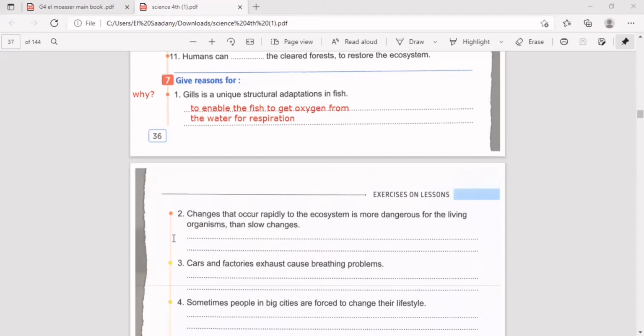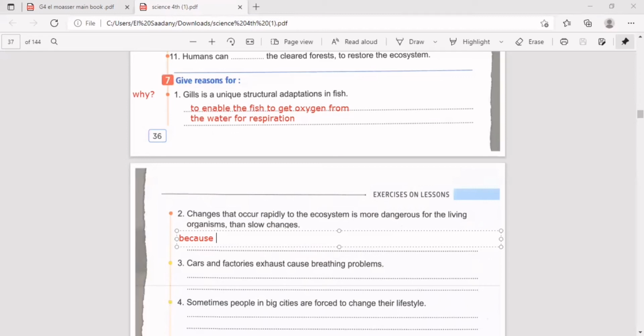We answered this question actually in the session, but this answer will start with because. When the ecosystem changes quickly, what will happen to these organisms? Some of them will have to move, some of them will die, and some of them may even go extinct. They can all die.